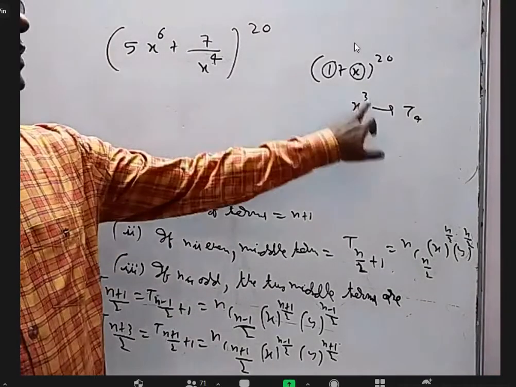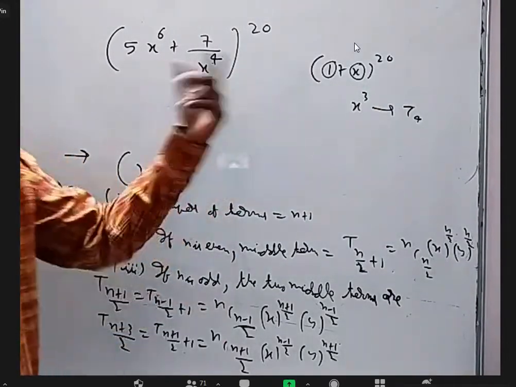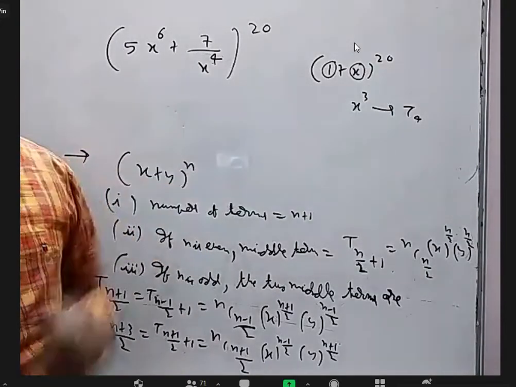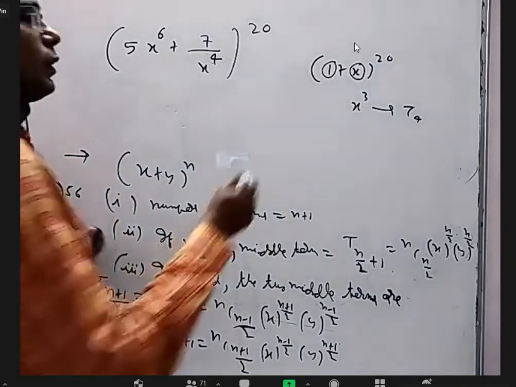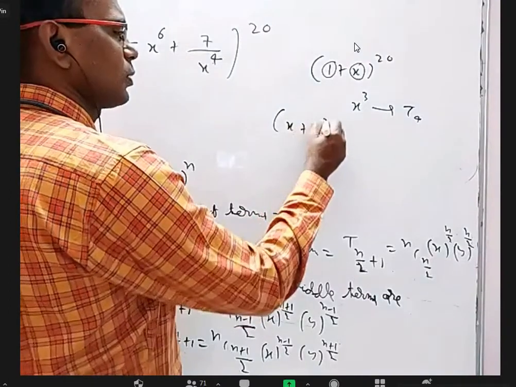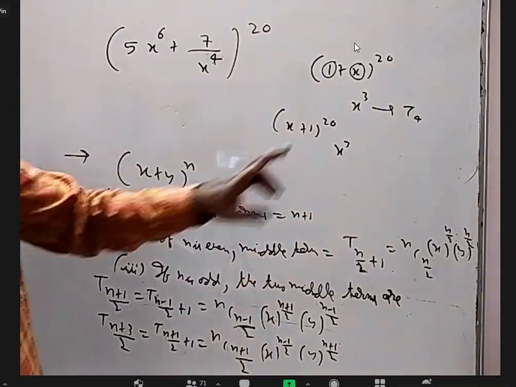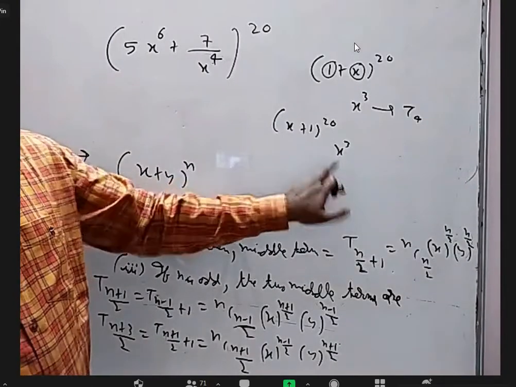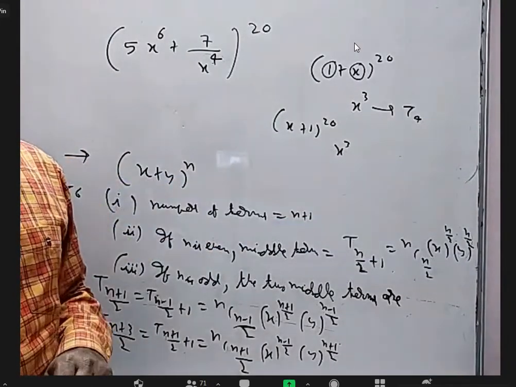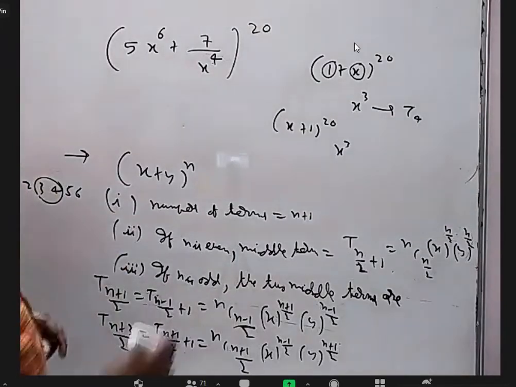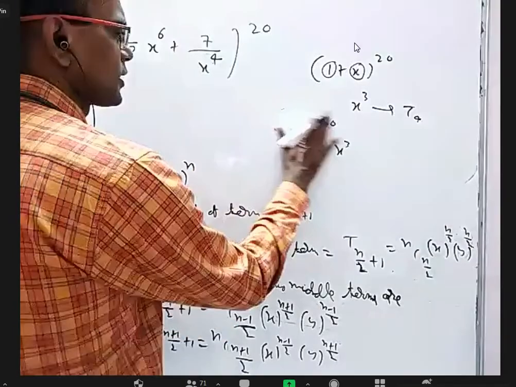So if you want the power of this as 3, directly 20C3, and it will happen in one extra than the fourth term. If you take (x + 1)^20 and I want the x^3 coefficient, the answer is the same, 20C17 or 20C3. But where it will happen is not the fourth term. Which term we'll see later, but the answer is 20C3.